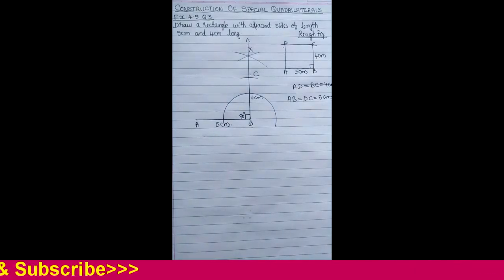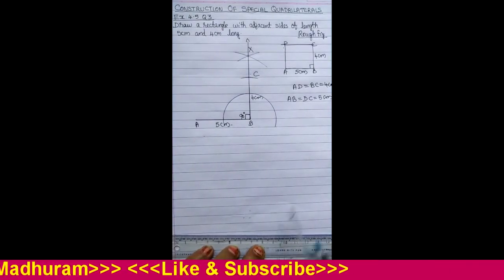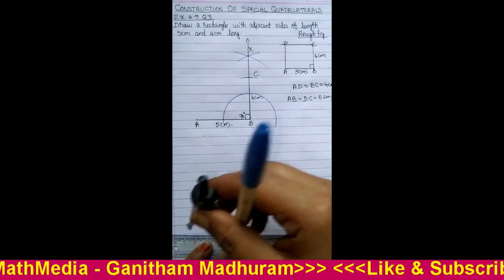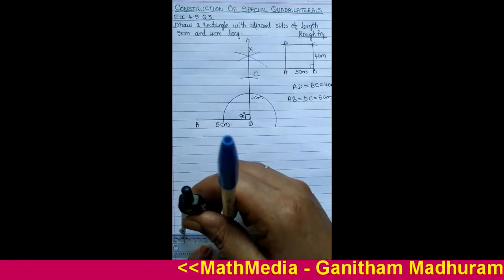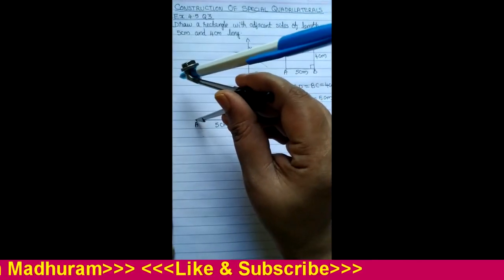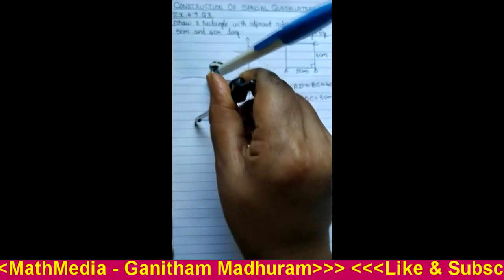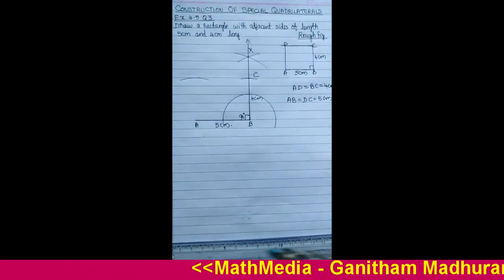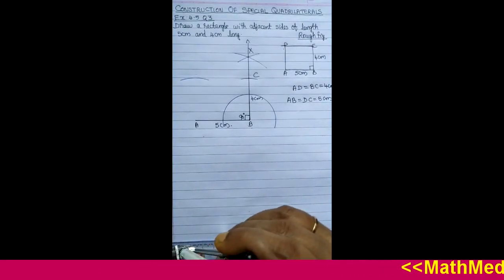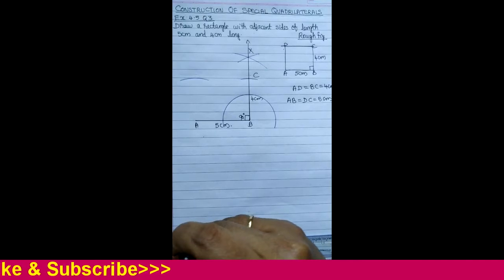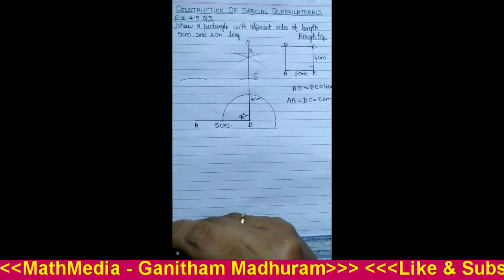So first of all, with the center A and radius 4 cm, we can draw an arc. Now with the center C and radius 5 cm you can draw another arc.